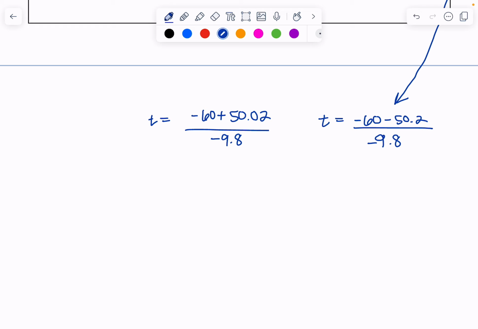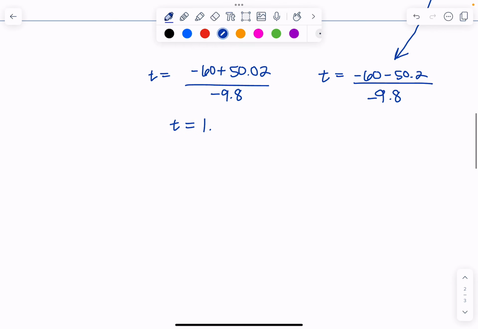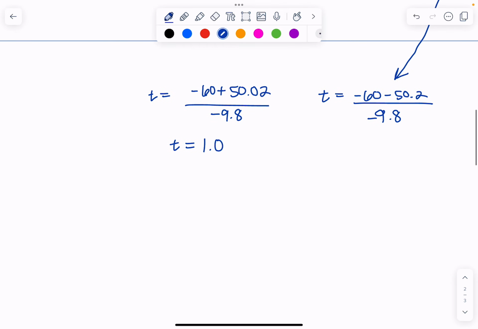So let's see, this one would be t equals 1 point, how many decimals did it say? 1 decimal, so t equals 1.0 seconds.